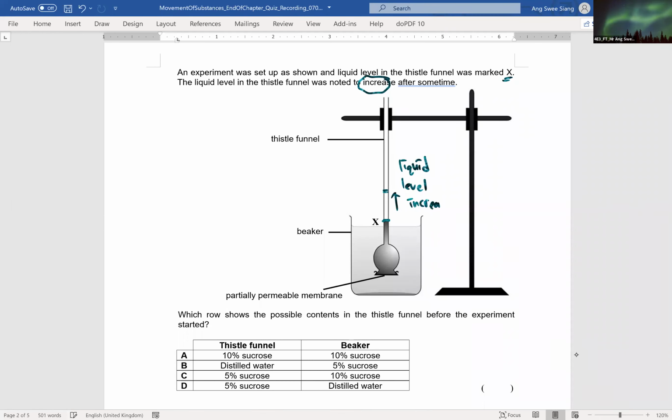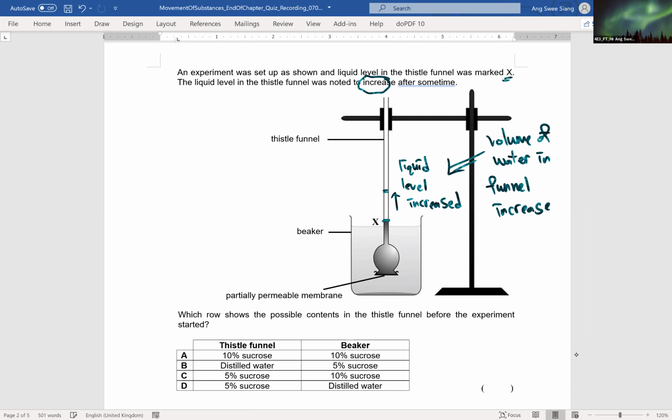So when the liquid level increases, what actually caused this liquid level to increase? The liquid level increase is because the volume of water in the funnel increases.